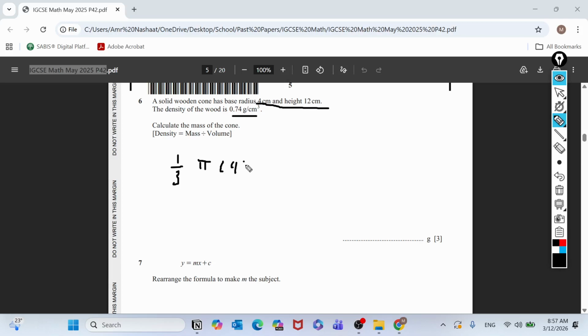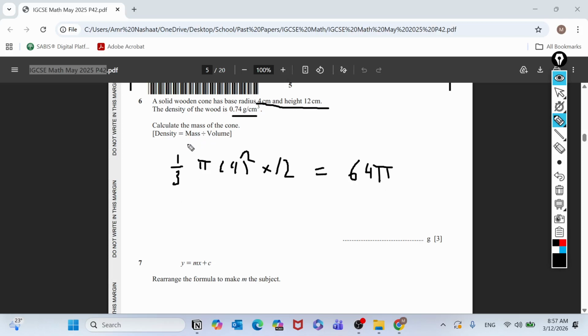So pi times 4 squared times the height, which is 12. Put it on your calculator and what do you get? You get 64 pi. And that's the volume.